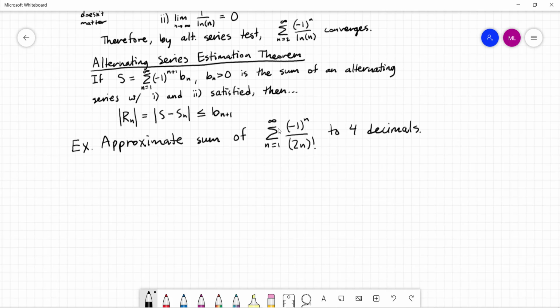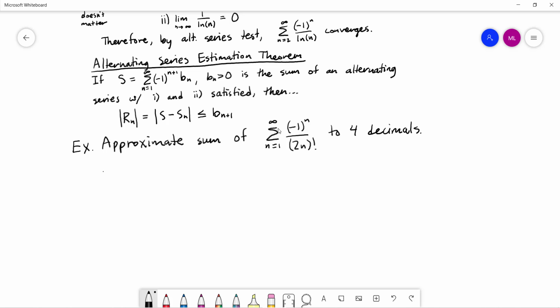First, I want to verify the conditions, so it's alternating, and indeed, conditions 1 and 2 are satisfied. My argument is that as n increases, the denominator will strictly increase and the overall fraction will decrease.